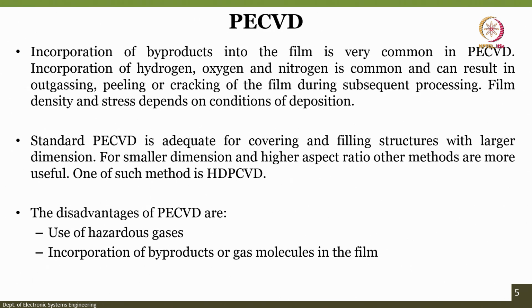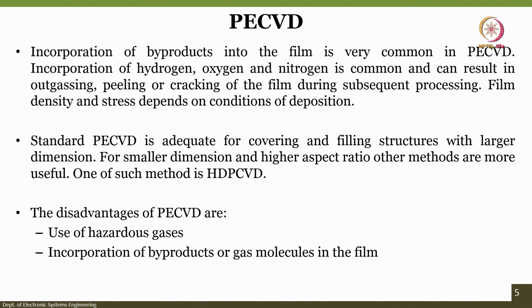For smaller dimensions, higher aspect ratio, other methods are more useful, such as HD PECVD. But for larger dimensions, where you want to fill the structures, PECVD is an advantageous technique.